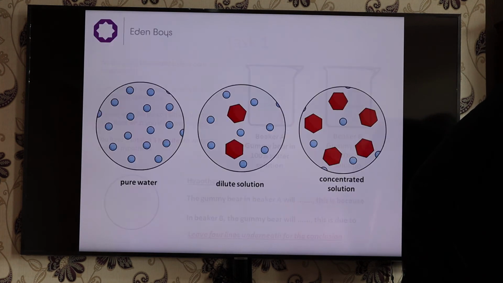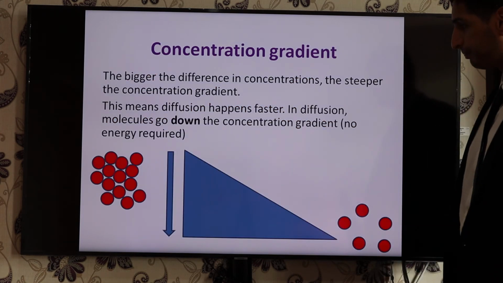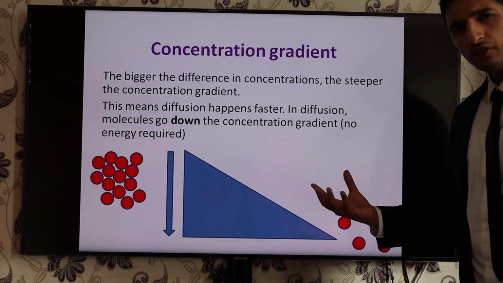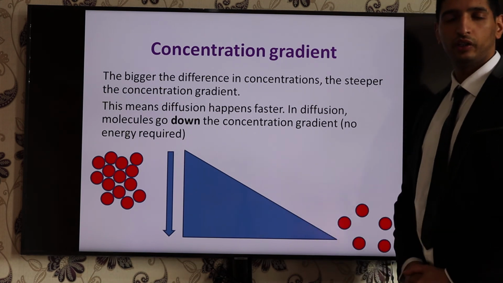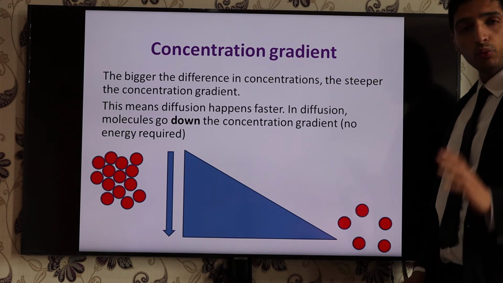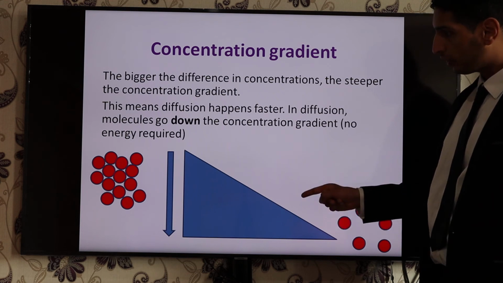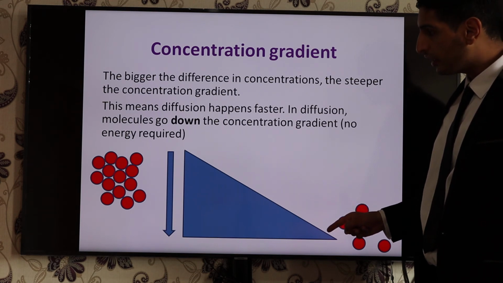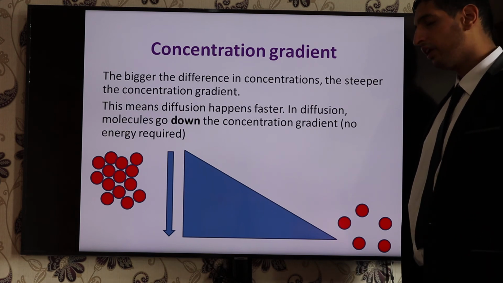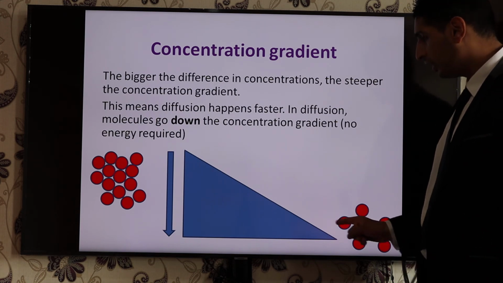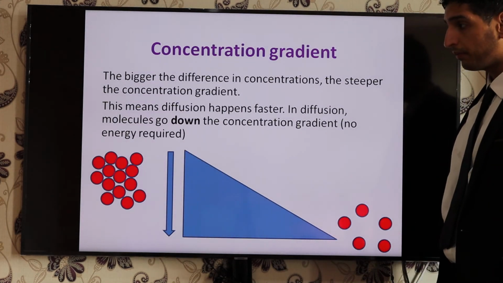I'm going to go a little bit back and show you one diagram so I can explain. I said that active transport is from a low concentration to a high concentration. When you're going from a low concentration to a high concentration, you're going against the concentration gradient. Imagine this: you are a particle over here, and all your mates are at the top of a mountain.